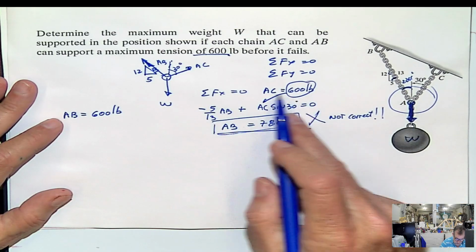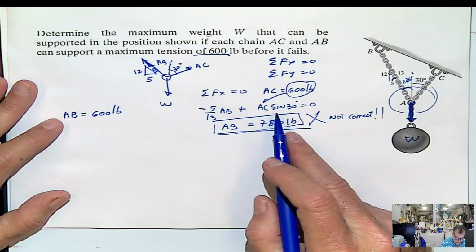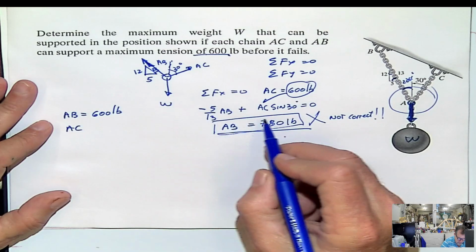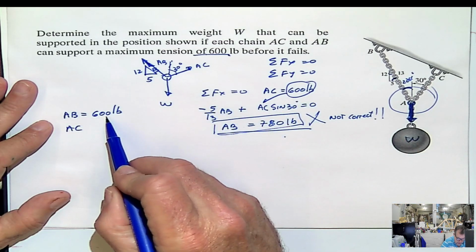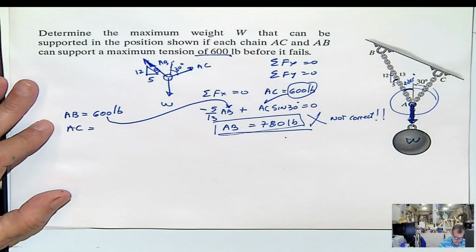And I can do the same thing that I did before here, the same equation. But now I'm going to calculate AC in this equation. I'm going to say AB is 600 pounds, and I'm going to solve for AC.